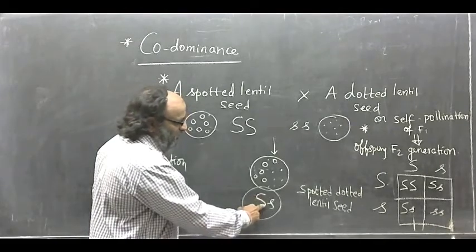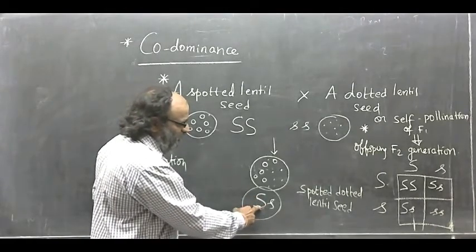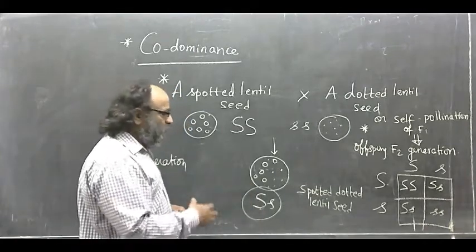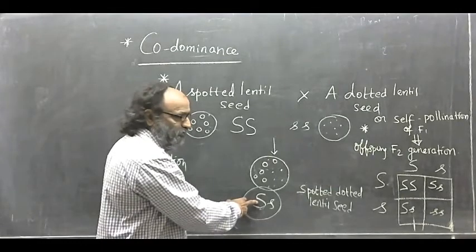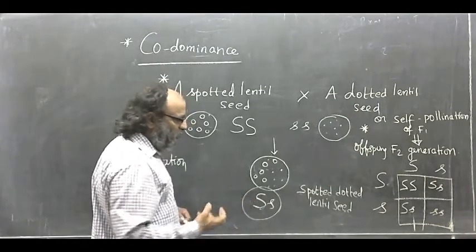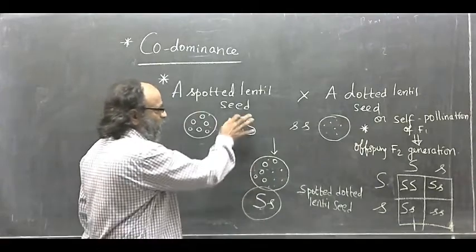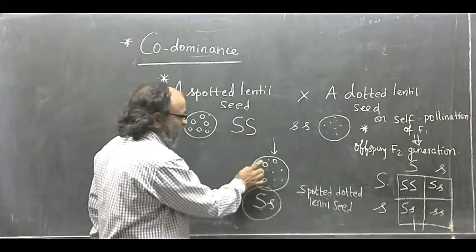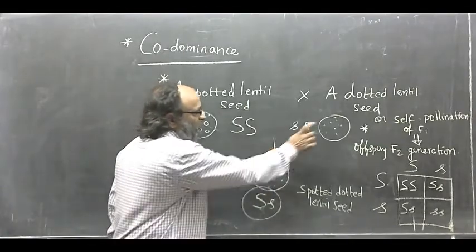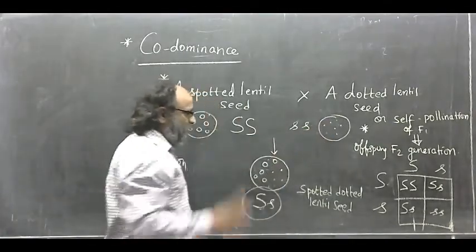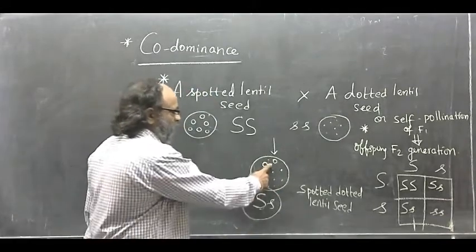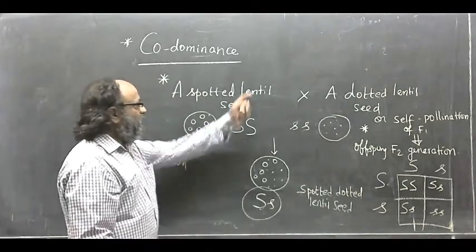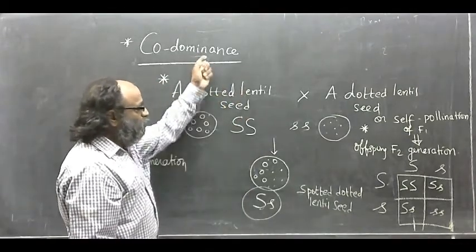Both the characters represented by the alleles are equally expressed. Therefore, in F1 generation, we can notice the spotted as well as dotted nature in the lentil seed, and this is called codominance.